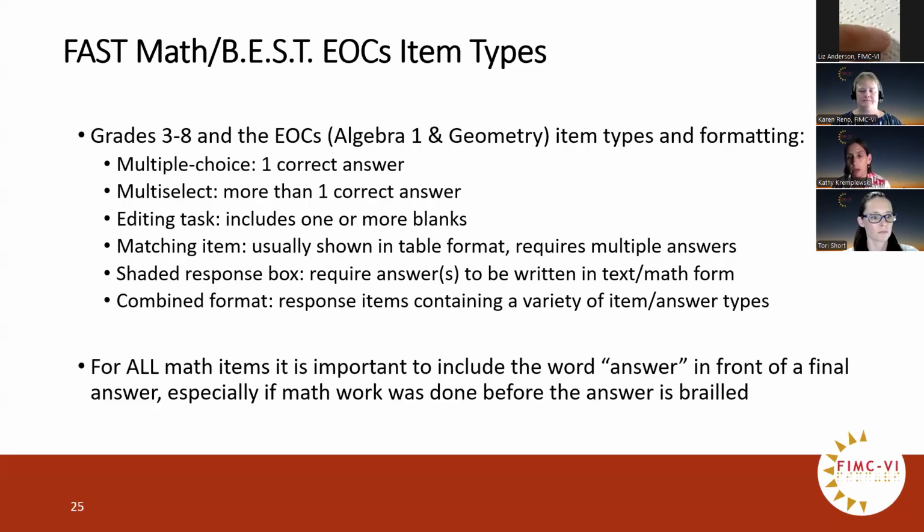Then there's the shaded response box, which requires answers to be written in text or math forms, and combined format, which could be any variety of these answer types. For all math items, it's important to include the word answer in front of the final answer. So make sure your students do this, especially if there was math work done and then their answers at the end. If they send it in, that will help the transcriber locate their final answer.